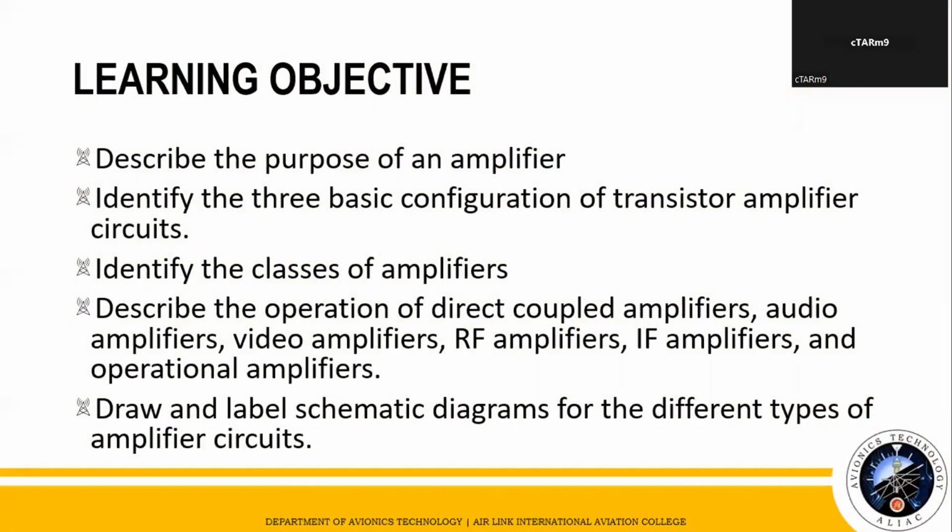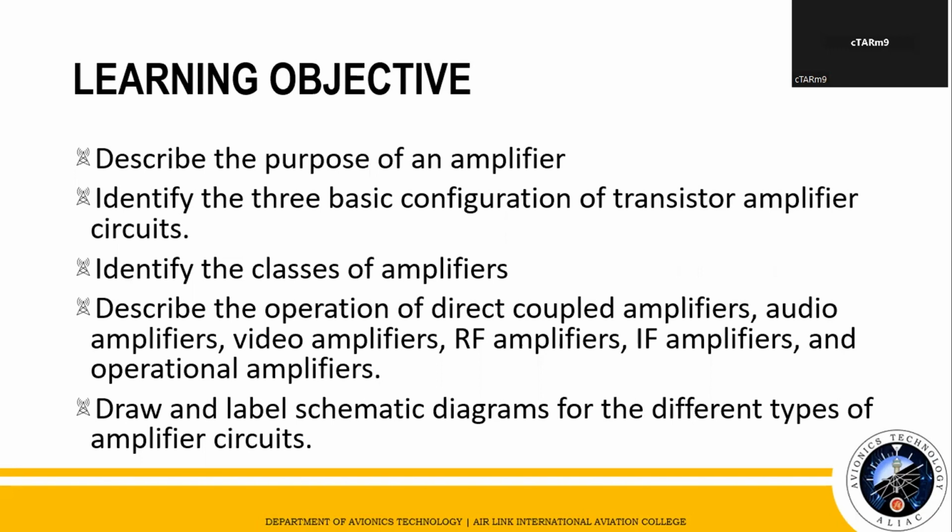The learning objectives are: describe the purpose of an amplifier, identify the three basic configurations of transistor amplifier circuits, identify the classes of amplifiers, describe the operation of direct coupled amplifiers, audio amplifiers, video amplifiers, radio frequency (RF) amplifiers, and operational amplifiers. Then draw and label the schematic diagram for the different types of amplifiers.